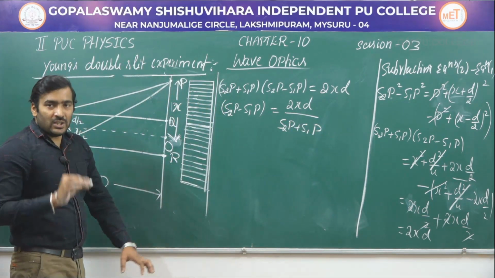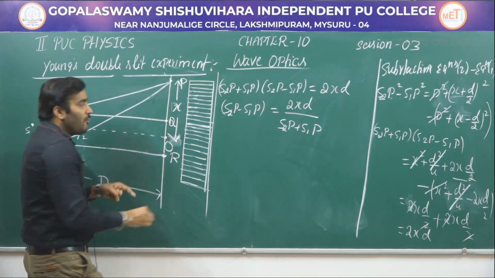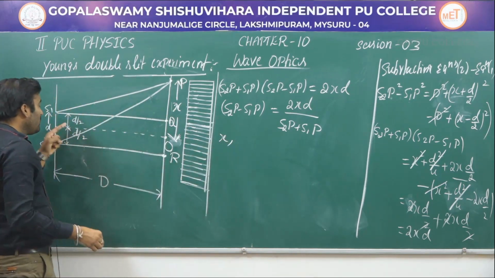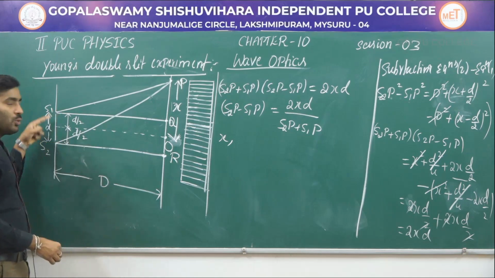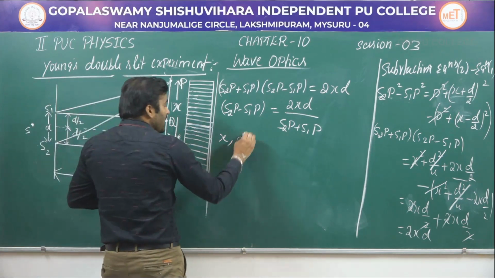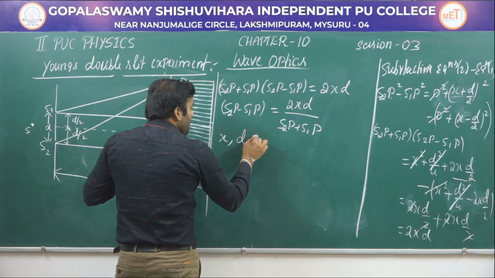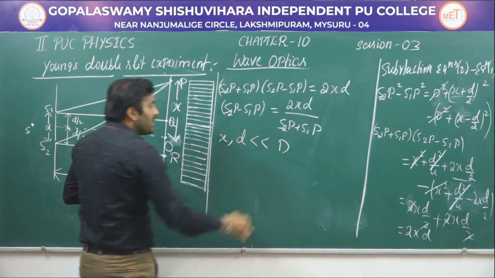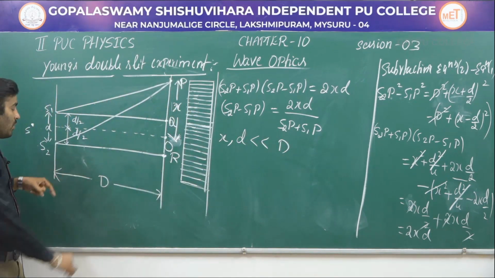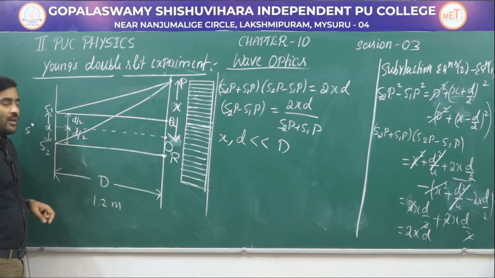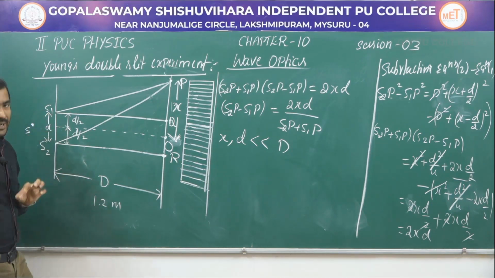Now let us assume a condition that the value of x and the value of d, the distance between the two slits, are very much lesser than the capital D. This D is about 1.2 meter actually, and these are in the order of millimeters.